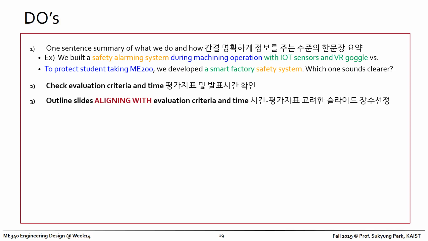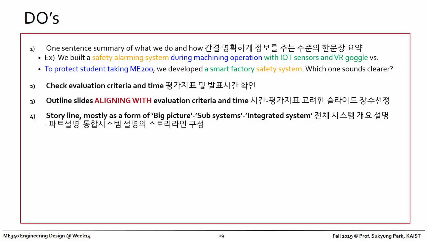So just set the overall maximum slide number and try to allocate it aligned with the evaluation criteria. And when you're talking about the system, first provide the big picture of how it is composed, then go one by one through the subsystems, and then integrate it later so that the evaluator sees the big picture and the details at the same time.